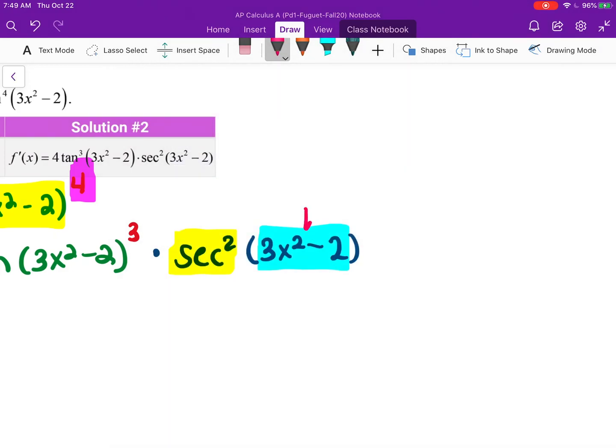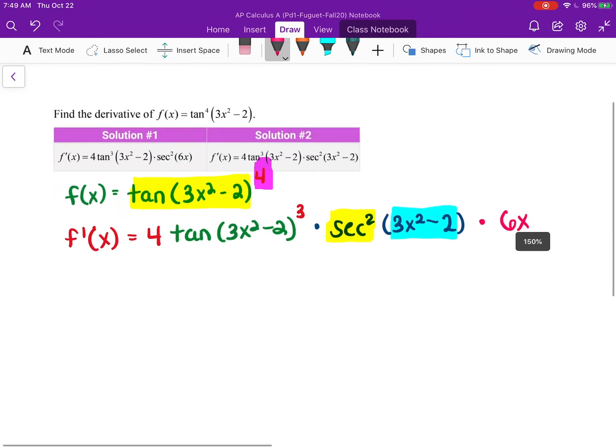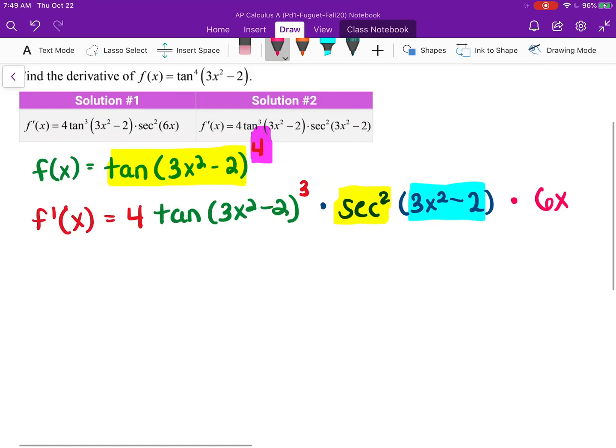So we need to take the derivative of 3x squared minus 2, which is just going to be 6x. 3x squared, you bring the 2 down, so 2 times 3 times x, so 6x, just with the power rule. And then minus 2 is just a constant, so that goes away. So times 6x. So this is what the derivative actually looks like, fully taken.